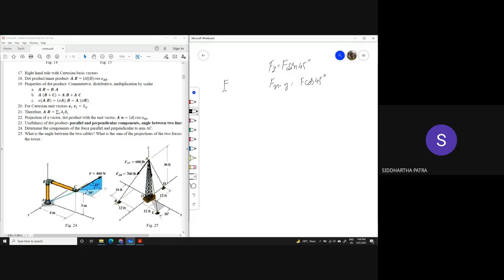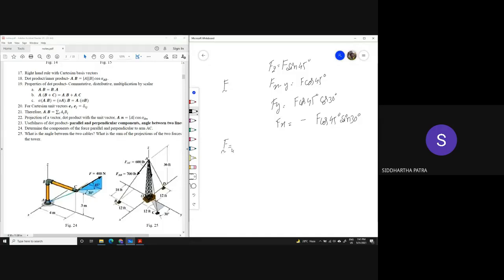That projection itself makes an angle of 30 degrees with a direction parallel to the y-axis. So y is F cos 45 degrees times cos 30, and x is going to be minus F cos 45 degrees times sin 30 degrees. Why minus? Because the projection lies in the second quadrant of the plane that is parallel to the XY plane. That way we get the Cartesian expression of the force.